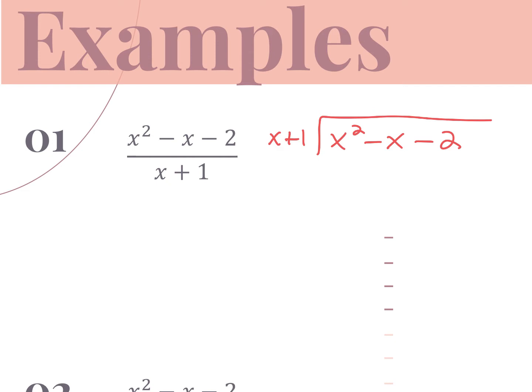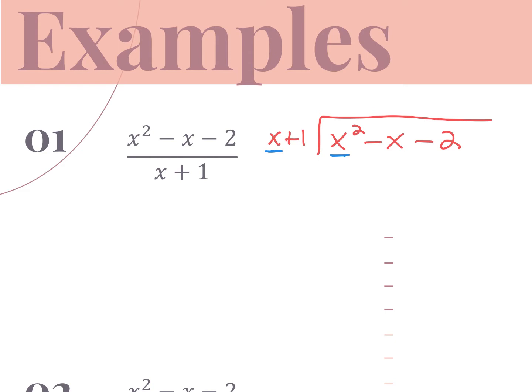Now, when I go to do this division, my quotient, my answer, will always be 1 degree lower than my dividend. So what I'm going to do here is I have to think, what do I need to multiply x by to make it become this first term, this x squared? And I know that x times x gives me x squared.